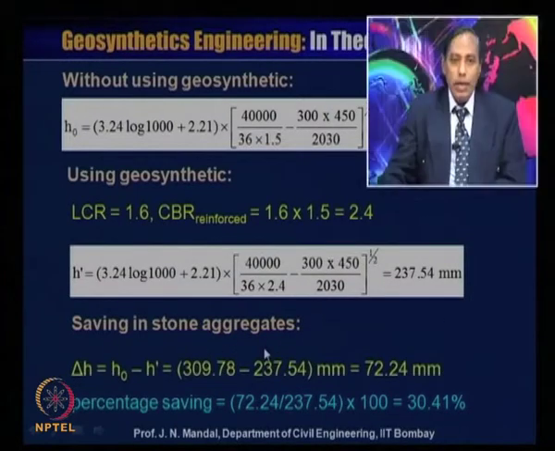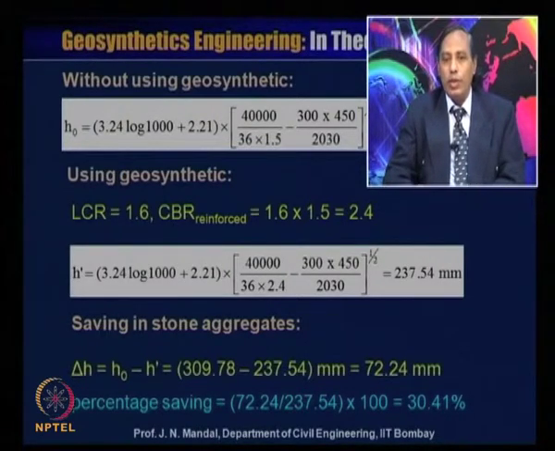So the saving in stone aggregate, delta H, is equal to H0 minus H dash, which is 309.78 minus 237.54, equal to 72.24 millimeter. That means the percentage of saving is 72.24 divided by 237.54 into 100, about 30.41 percent.